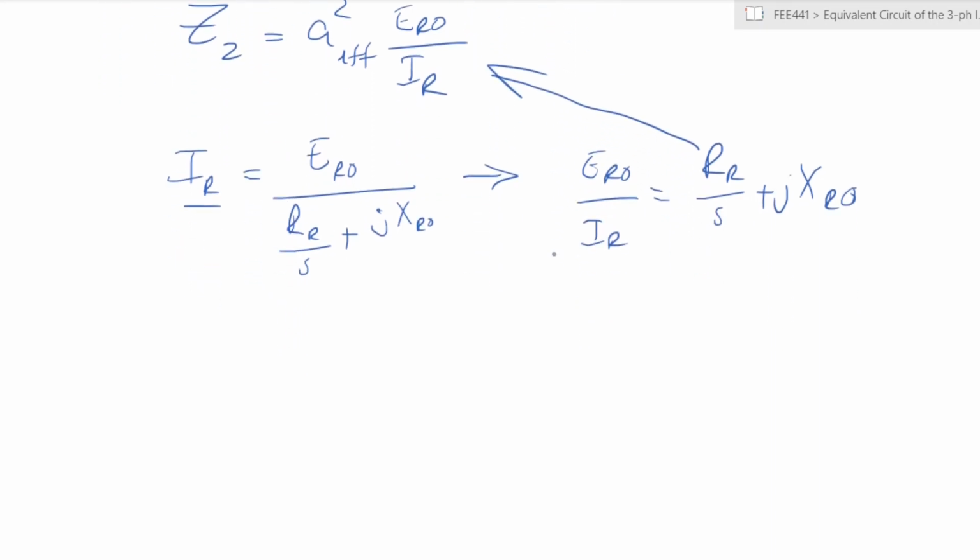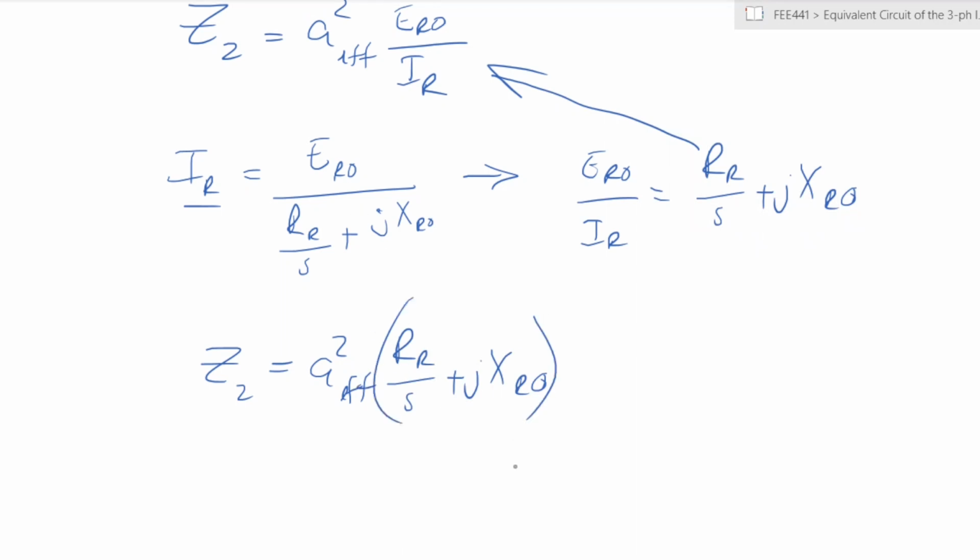So that means that our Z2 is equal to A squared effective times all of this. So let's bring all of this here, all of that, okay? A squared effective times all of that, because of the relationship of ER0 over IR.